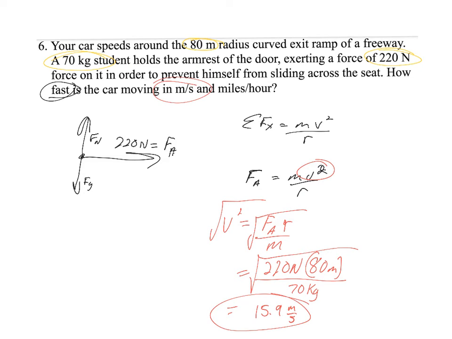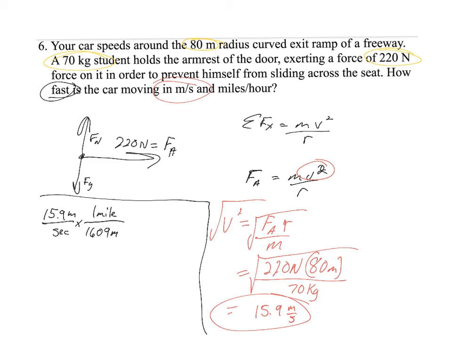And then I'm going to just come over here to save a little space here. 15.9 meters per second. And there's 1,609 meters in 1 mile.